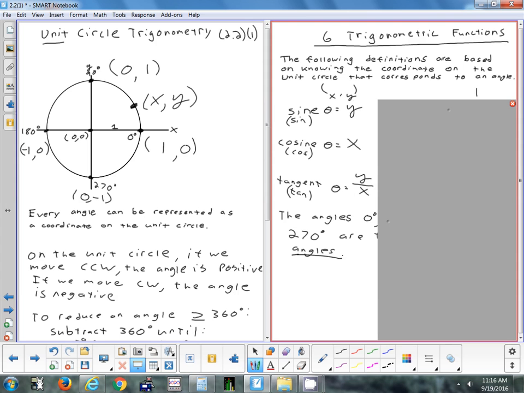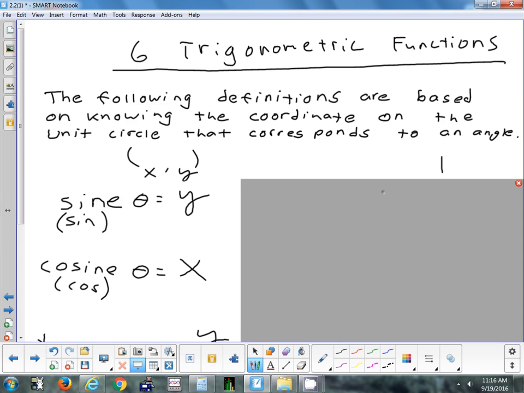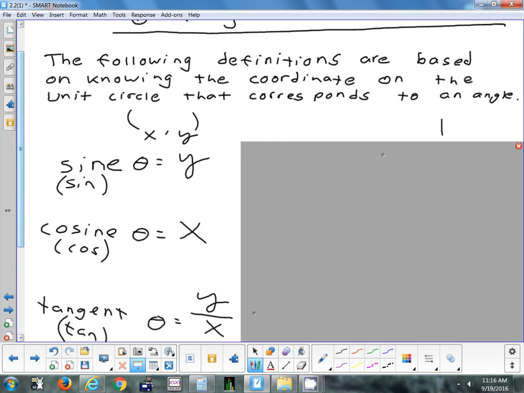If you want to find what's called the cosine, take your coordinate and just tell me the x value of it, and that's the cosine of the angle. And lastly, if you want the tangent, this time you need both the y and the x, and you divide them. Okay, so tangent is y divided by x.